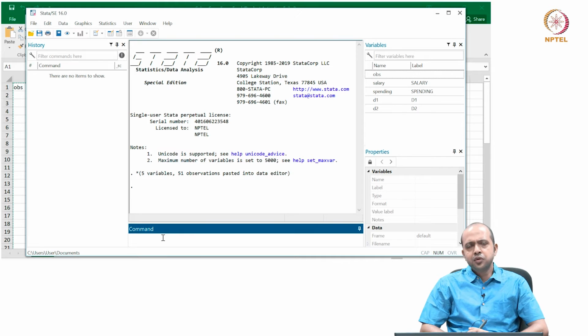And we have classified all the states into three regions: northeast and north central, then the second one is the southern region, and the third one is the western region. So, for the region we have three regions. That is why, as you know, we will introduce two regional dummies, right, two regional dummies.